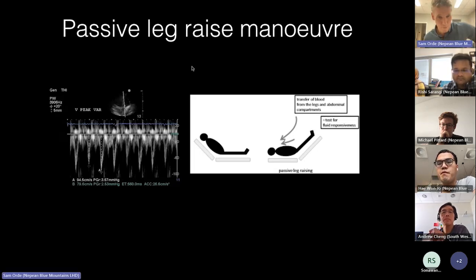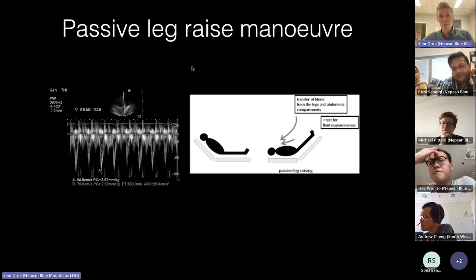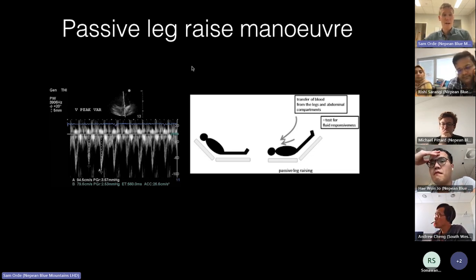So, all right, next one to think about is our passive leg raising maneuver. So I am guilty of not doing this enough in my practice, but it has the best evidence for use. All right, so the theory is that you've got about 300 to 500 mils of fluid from your belly button down.